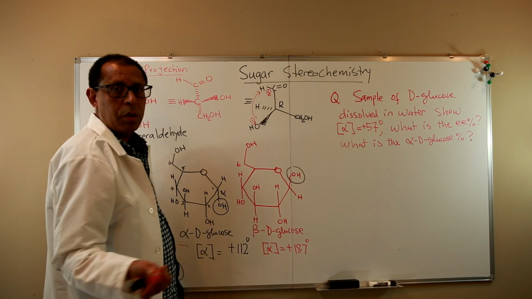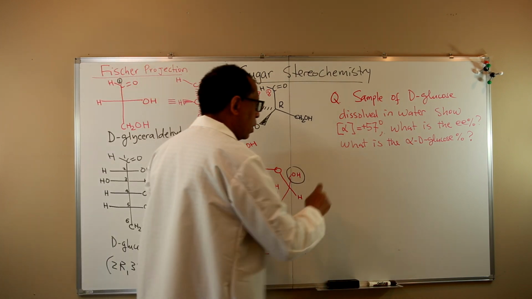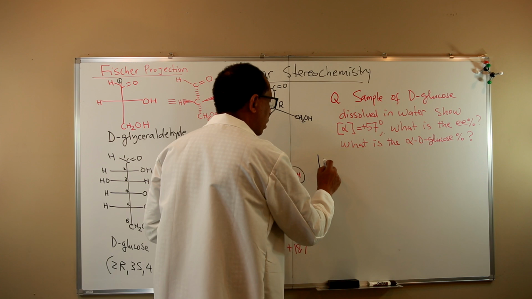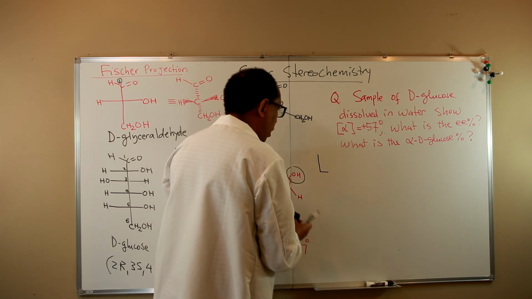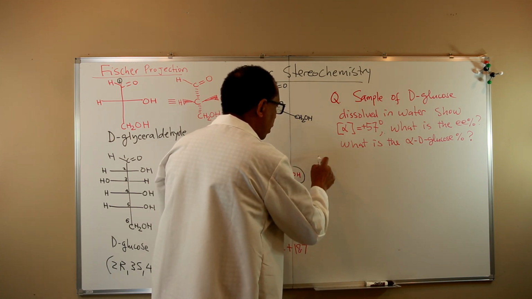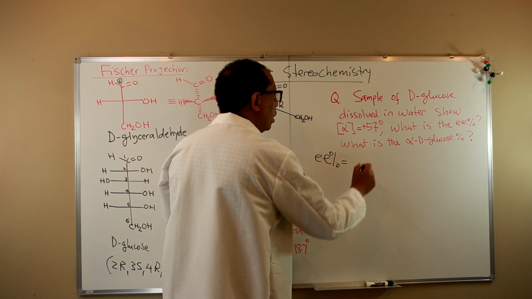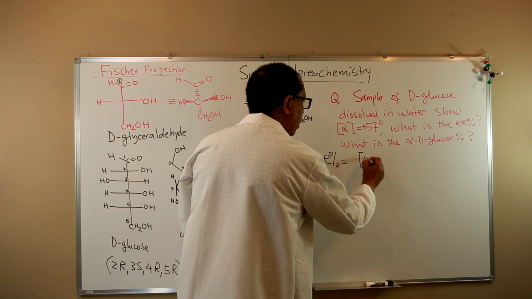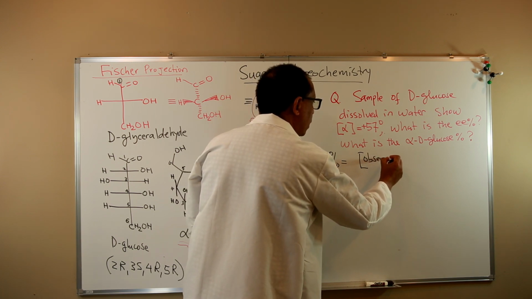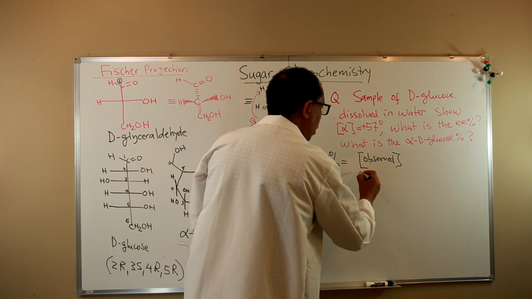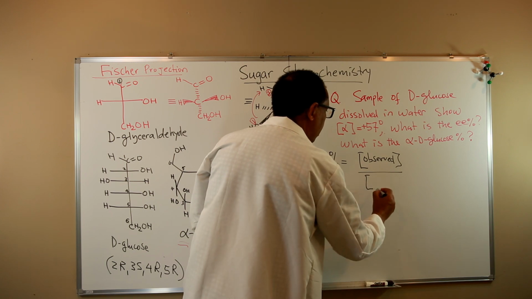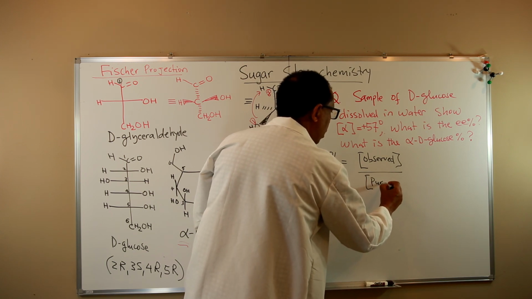It's asking what the enantiomeric excess is. Enantiomeric excess percent equals the observed rotation over the true value, the pure or literature value.